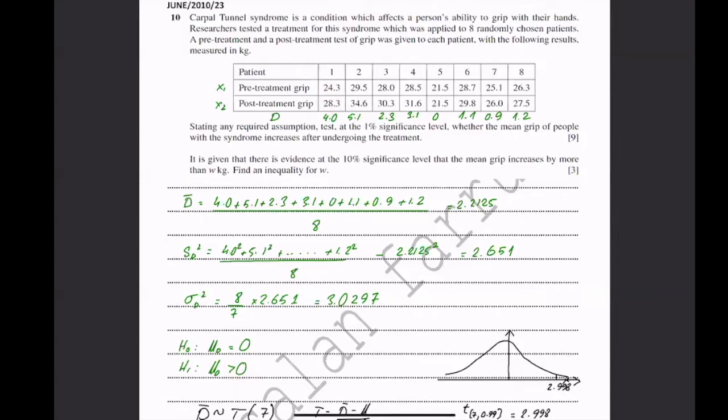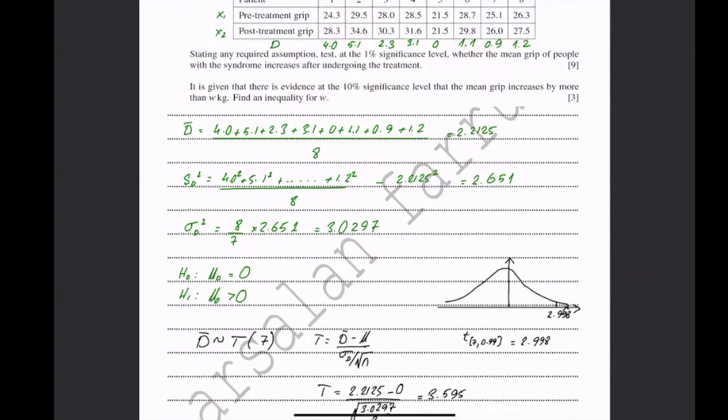My required assumption would be that both distributions follow the normal distribution. After doing that, I can find the estimate of population variance of the difference. My null hypothesis is that there's no change.